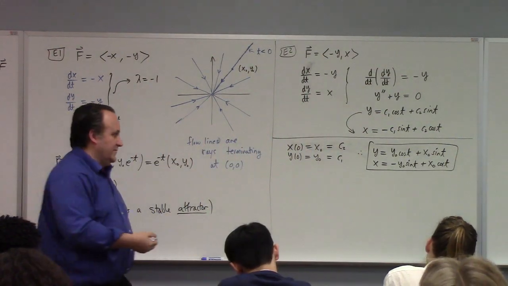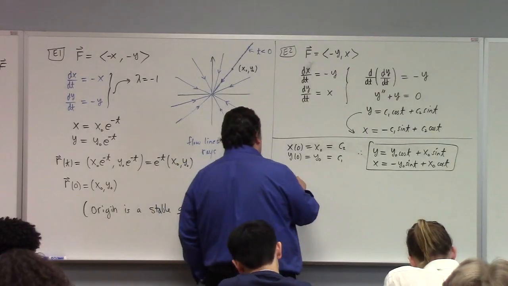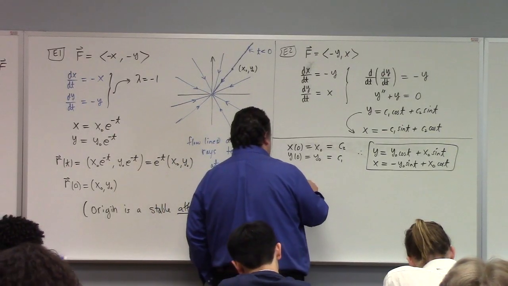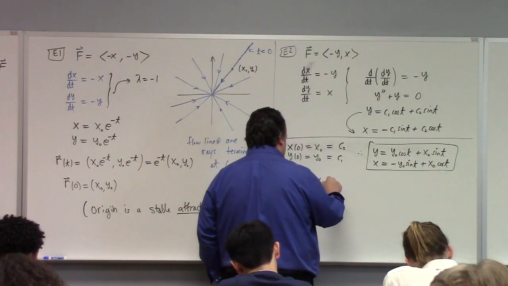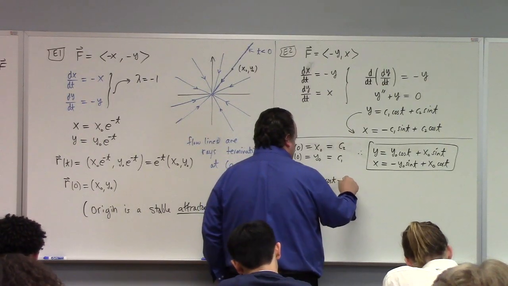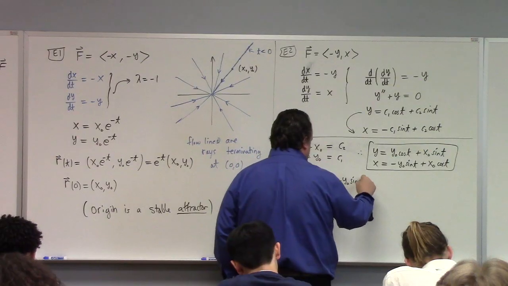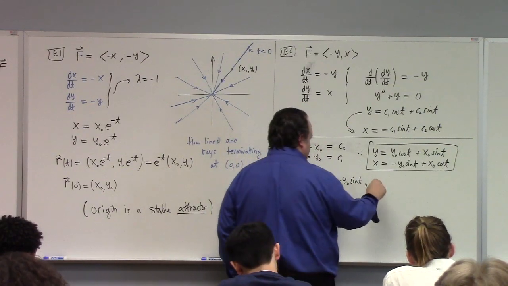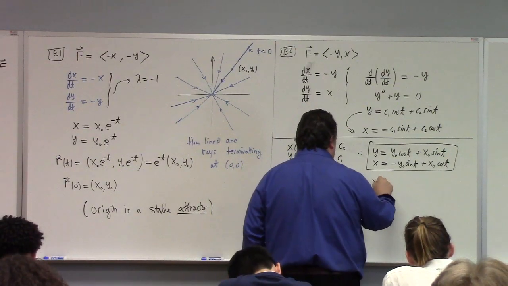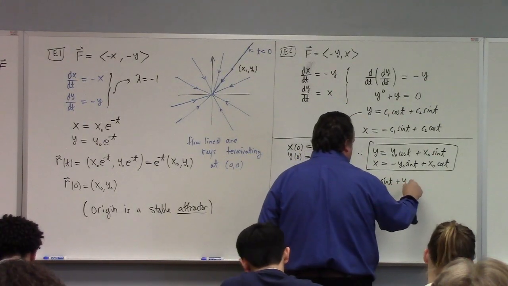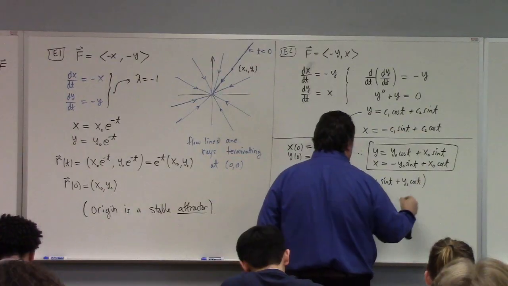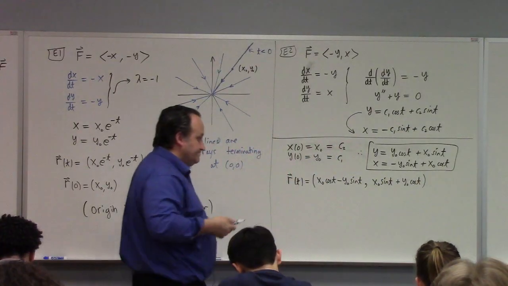Let me rewrite that a little bit more as a parametric thing: r of t is equal to x naught cos t minus y naught sin t, comma, x naught sin t plus y naught cos t.